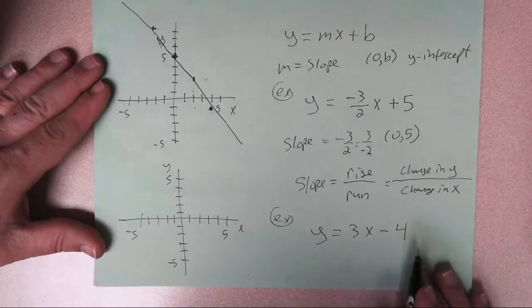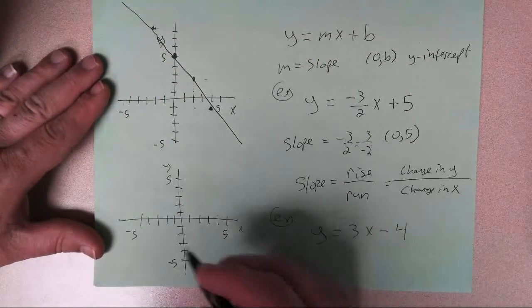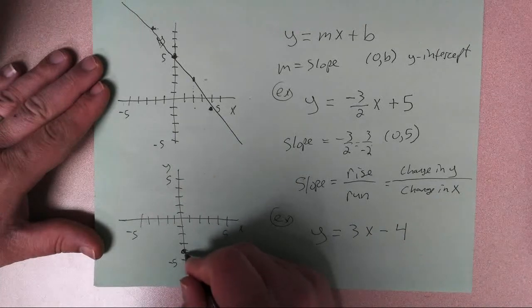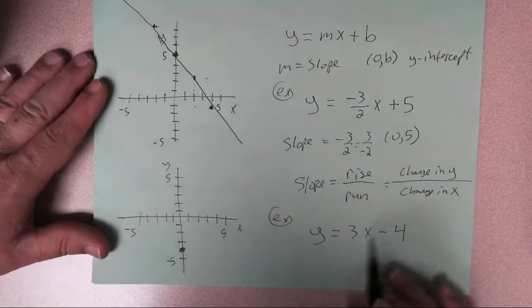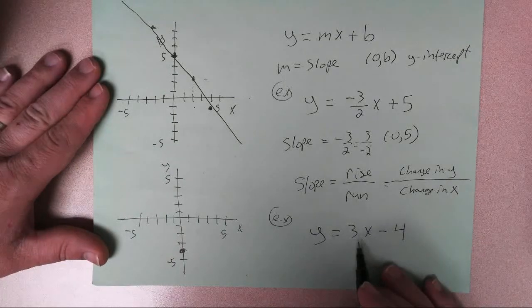And if I want to graph this, the y-intercept is -4, so I'm going to put a dot right here for my y-intercept. And then the slope is 3, okay?